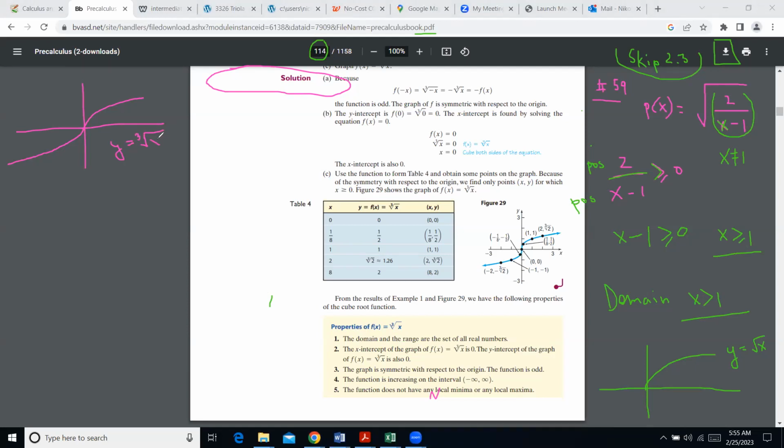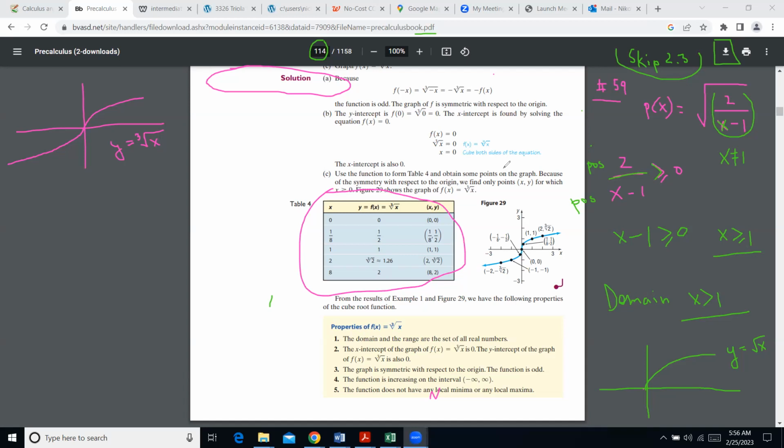and this happens to be the cube root of x. So notice that the previous graph did not have this extra part, but the cube root function does. And again, the explanation they give is by using a bunch of points, so you can look at it.